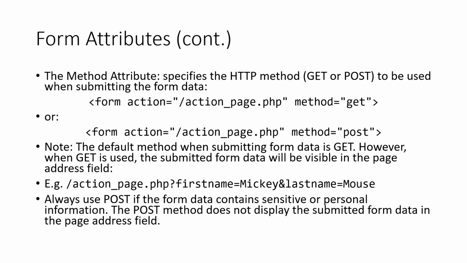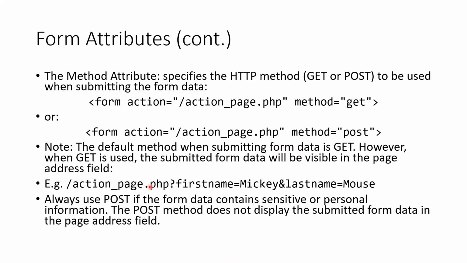There's a slight difference in where get and post are used. Now, for example here, we say form action page PHP, method is get, right? If you use get, whatever data you submitted will be visible in the page address.